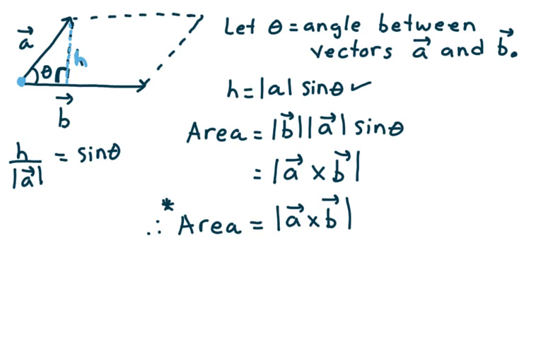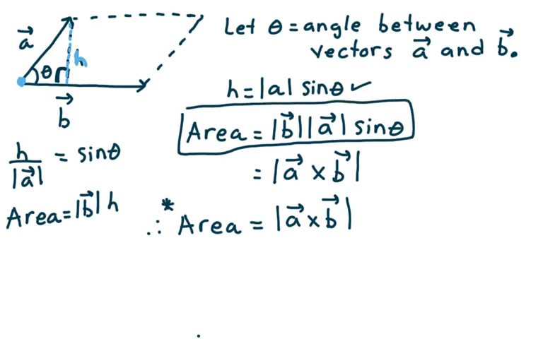And remember here, I'll put this off to the side. The area is the magnitude of B, the length of B times the height, base times height. So if I come over here, the area is the magnitude of B times the height, but the height is the magnitude of A times sine of theta.